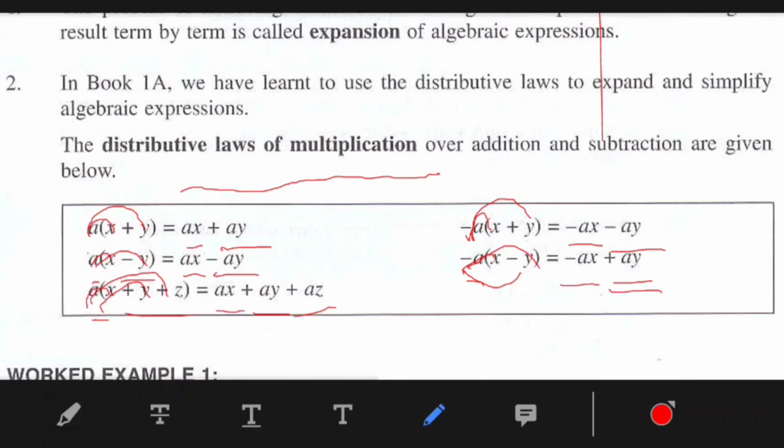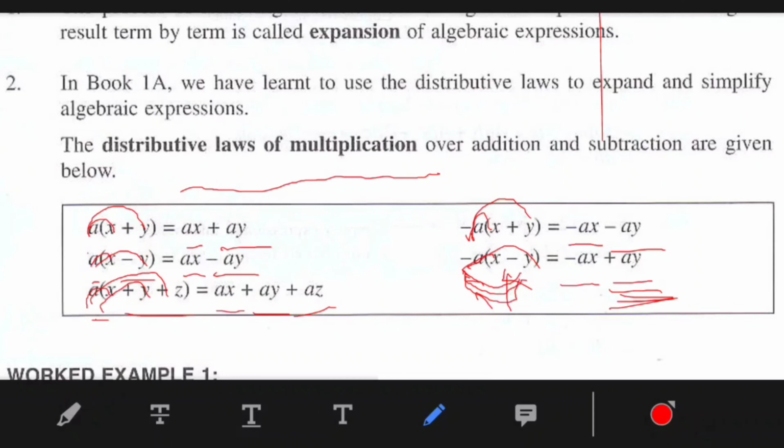So in a better way, when expanding brackets, take the operation signs as directed number signs. Now you are expanding algebraic expressions well. Take the sign, negative a, and multiply by the sign, negative y, and that gives positive.